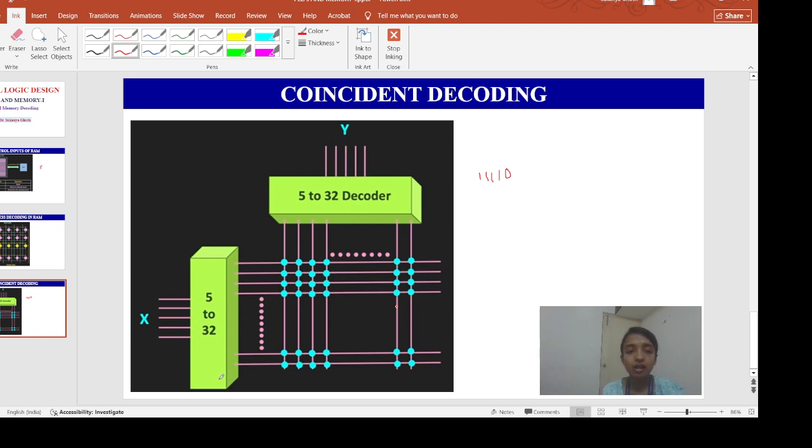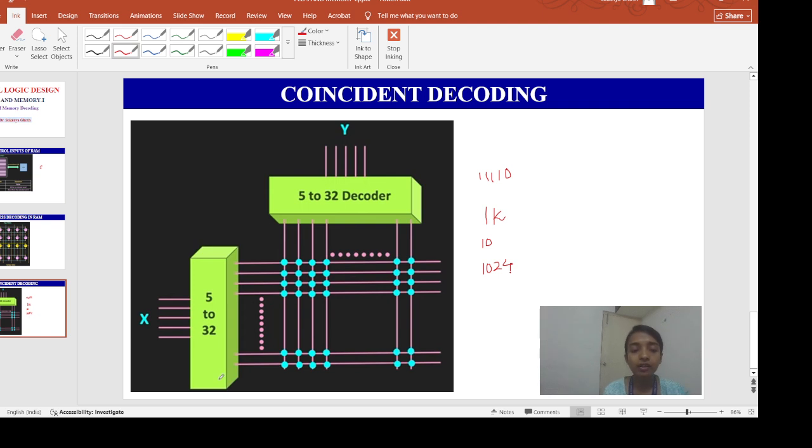Now, let's say for a 1K word memory, if we have only a single 10 input decoder, then we need a total of 1024 AND gates.